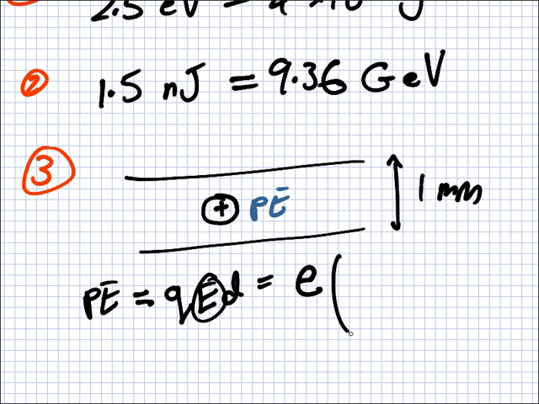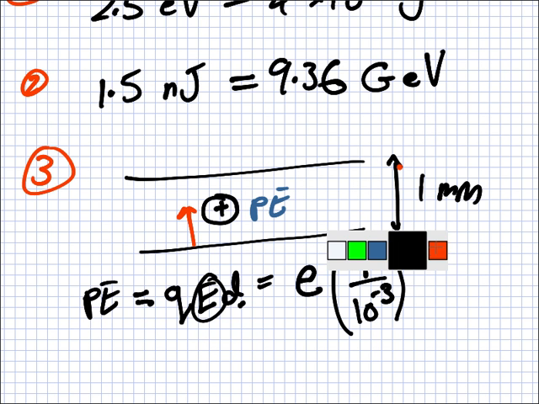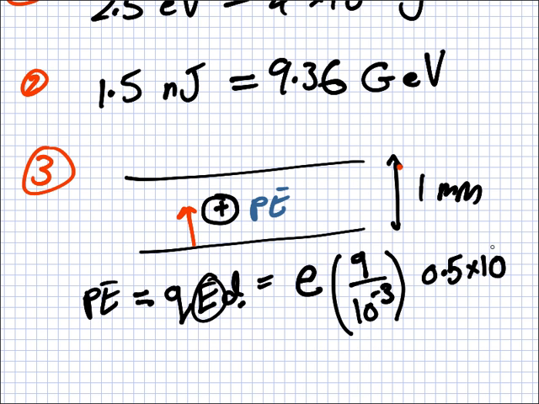Yeah. What did I say the V was in number 3? 12. No, 9. Yeah? What's the D? A millimeter. What's the D here? This D is the height of the proton, not 1 millimeter. So I was trying to confuse you a little bit here. I got you, did I? 10 minus 3.